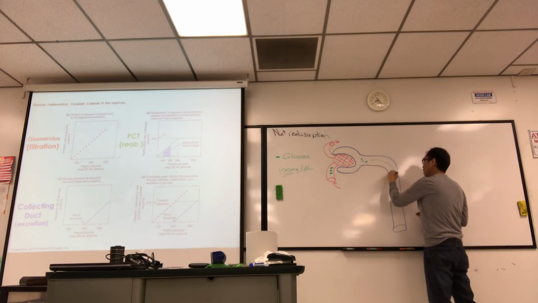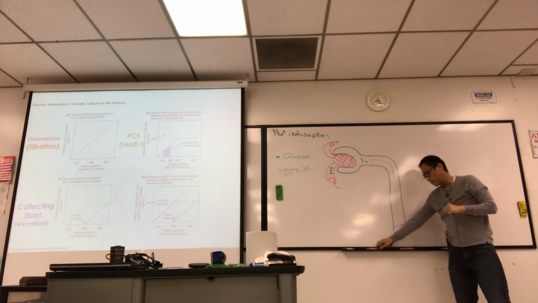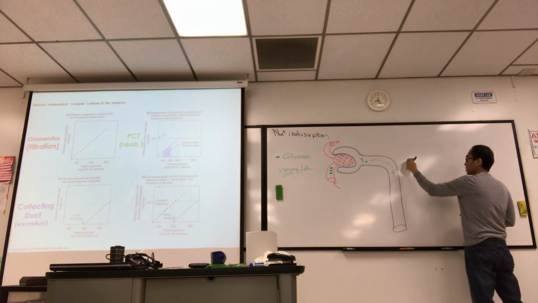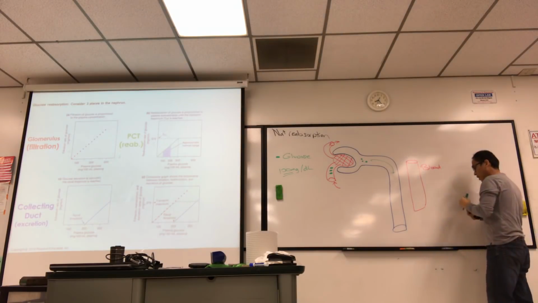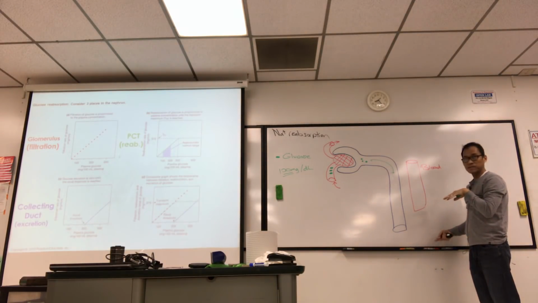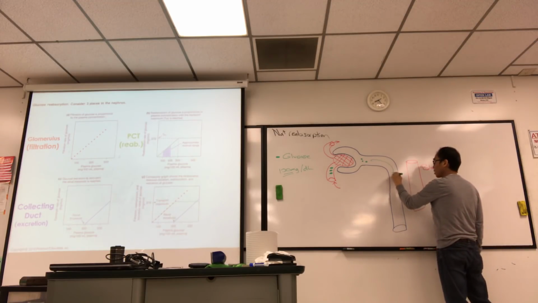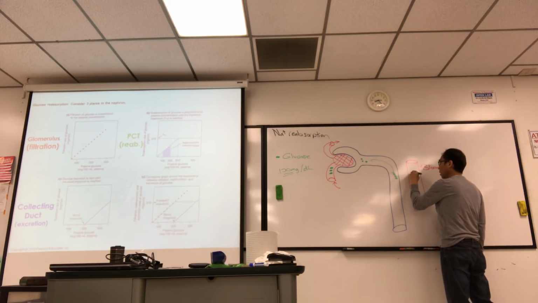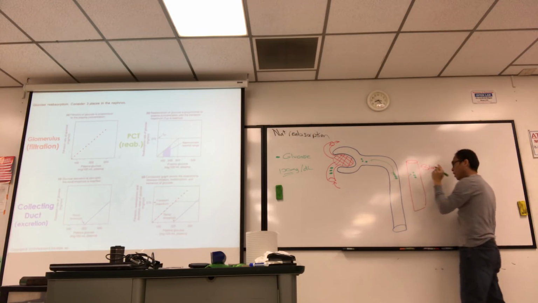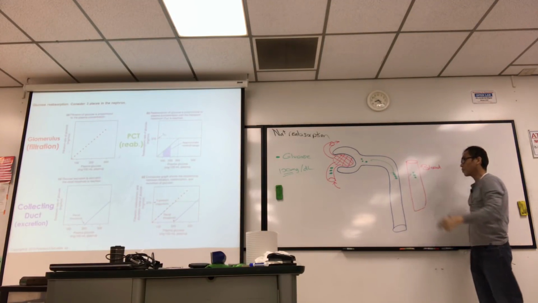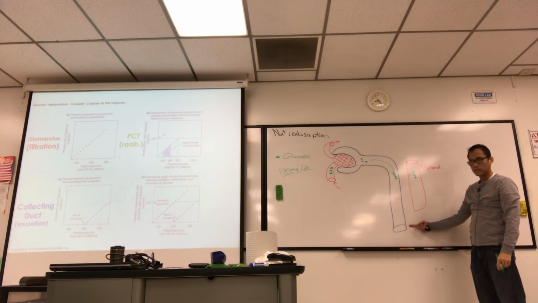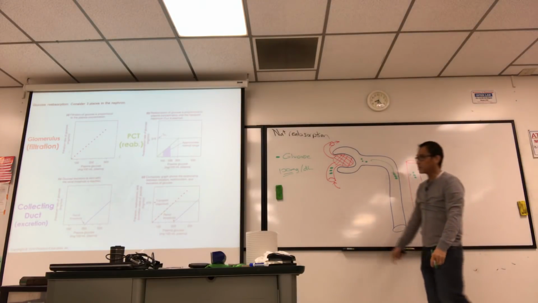It flows by the PCT, where there are cells that can do the reabsorption, and here's a peritubular capillary. You're operating within the sub-max range, so you can reabsorb all of it. You get 100% reabsorption in this first example, which means you excrete 0, because you're operating sub-max.